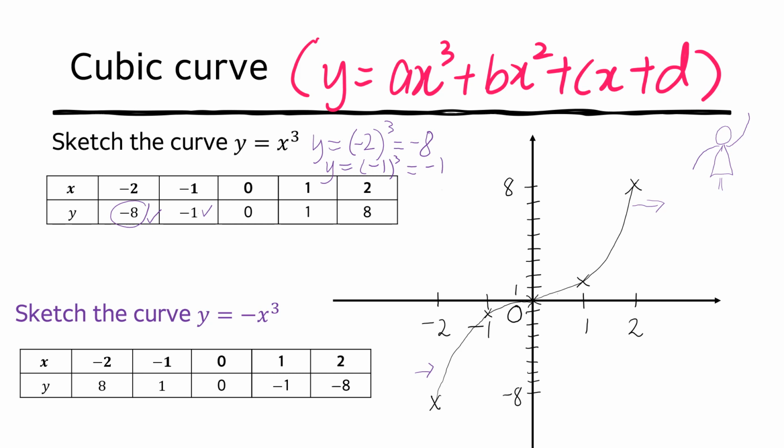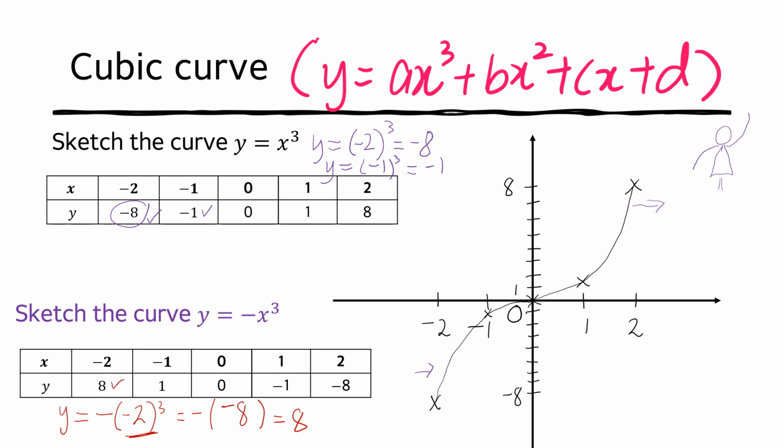But in this case, if x is negative 2, what happens to my y coordinate? y equals negative, then bracket negative 2, close bracket, to the power of 3. You'll get negative bracket negative 8, because this gives you negative 8. So negative and negative become positive. Hence, it explains how you get this value here.